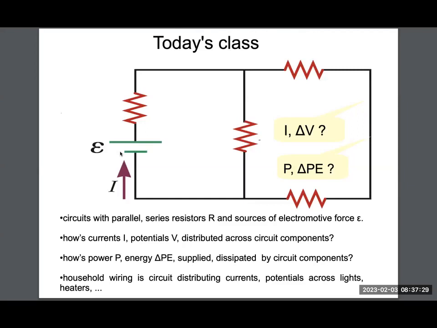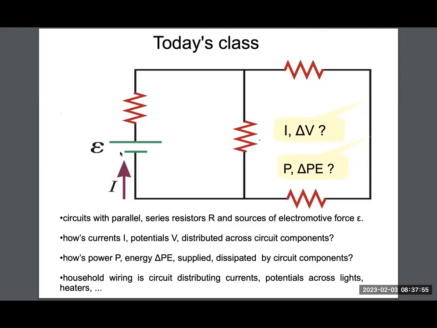If you wanted to think of an example of this type of circuit, all you've got to think of is your household wiring in your home. Your household wiring is attached to a supply of electrical current and voltage, and it distributes electrical current and voltage to appliances in your home.